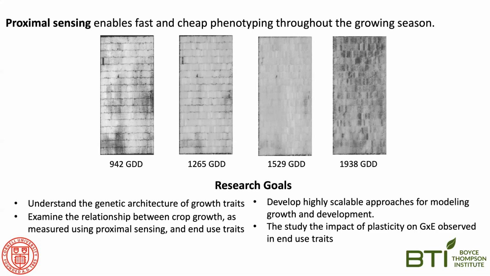And so there's definitely a lot of work out there modeling proximal sensing as either covariates or correlated traits with end-use traits. We want to move more towards modeling growth as a function and looking at what we might be able to do from a breeding perspective in terms of actually breeding for different growth characteristics throughout the growing season.